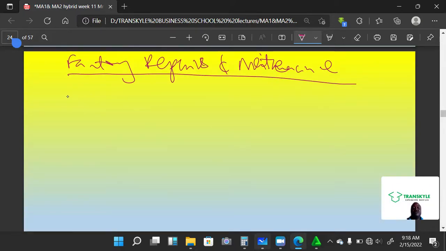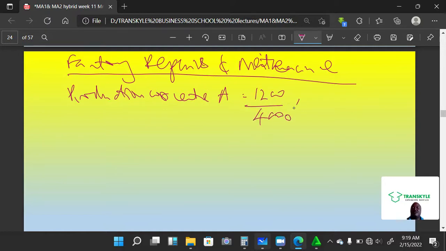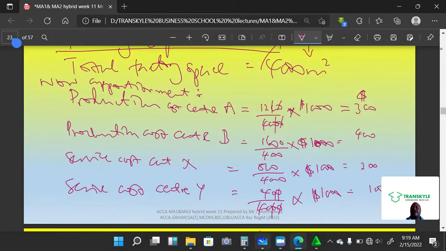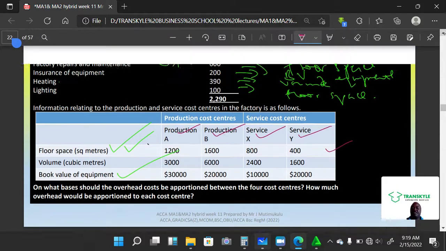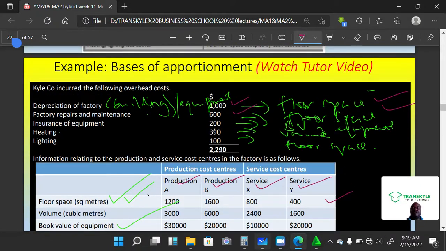Okay, so for production cost center A, we said that was 1,200 over 4,000 multiplied by 600. I'm sure you know this is 1,200 I'm talking about, and the 600 we are referring to is this one.